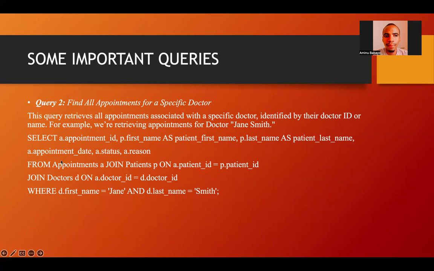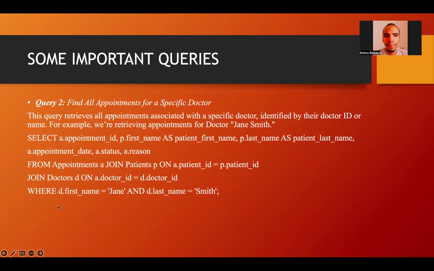This one is going to select from the appointment table and join it with the patient table, where the patient ID in the appointment table is equal to the patient ID in the patient table. And also it will join doctors on D, where the doctor ID in the appointment table is equal to the doctor ID in the doctor's table.